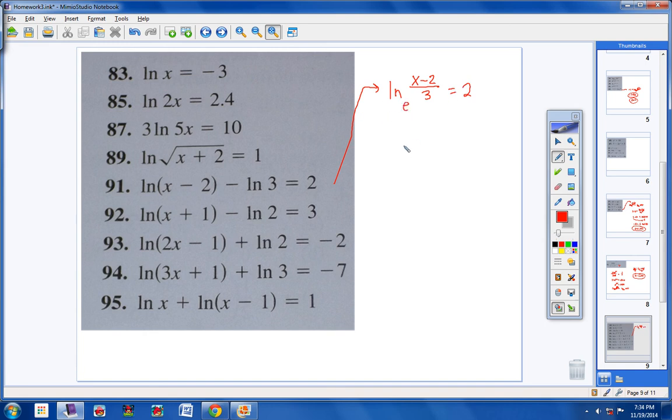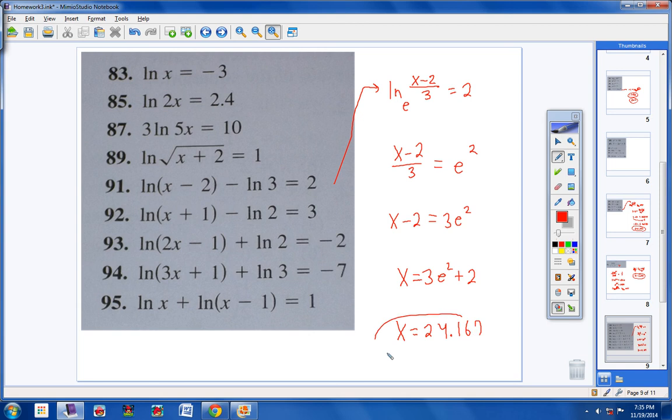So next we have x minus 2 over 3 equals e to the second power. Now multiply both sides by 3, and you're left with this. Then bring the negative 2 over, make it a positive 2. And if you type that into your calculator, you will get 24.167.